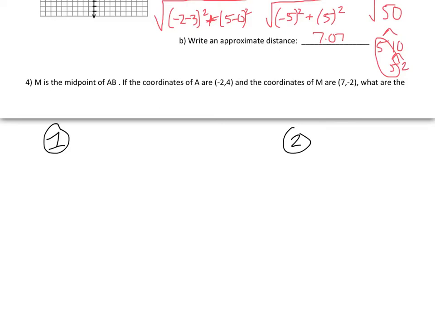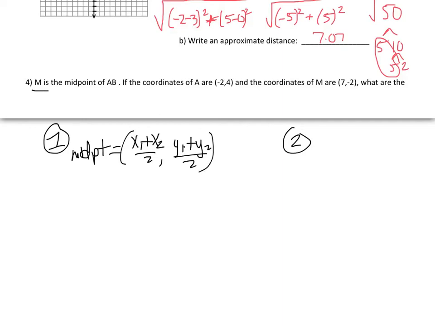Option 1 is by actually using the midpoint formula. Remember, midpoint is x1 plus x2 divided by 2, y1 plus y2 divided by 2. Now this problem's tricky for the following reason.